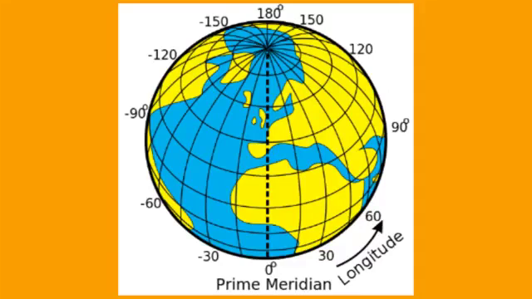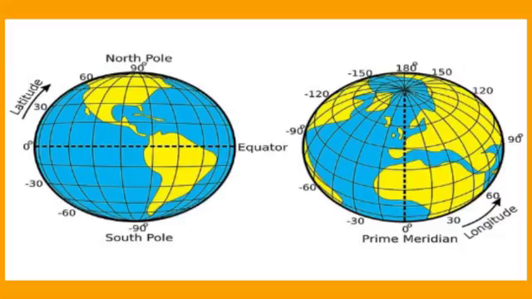The 180 degree east and 180 degree west longitudes meet and form a single line on the opposite side of the world called the 180 degree longitude or the international date line. Thus, the longitude of a place tells you how much east or west of the Greenwich Meridian the place is located.